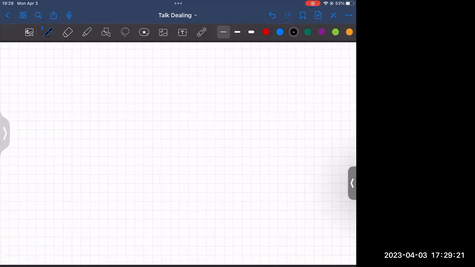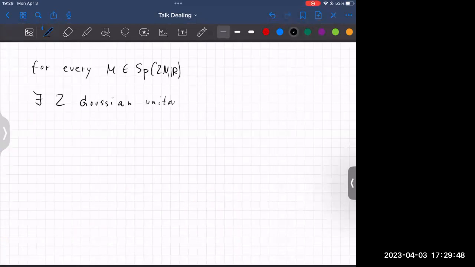Okay. And so in general, to round up, I really won't be able to tell you much more in the summary, but for every element M in the symplectic group Sp2nR, there exist 2 Gaussian unitaries U_M1 and U_M2, which of course just differ by a sign.